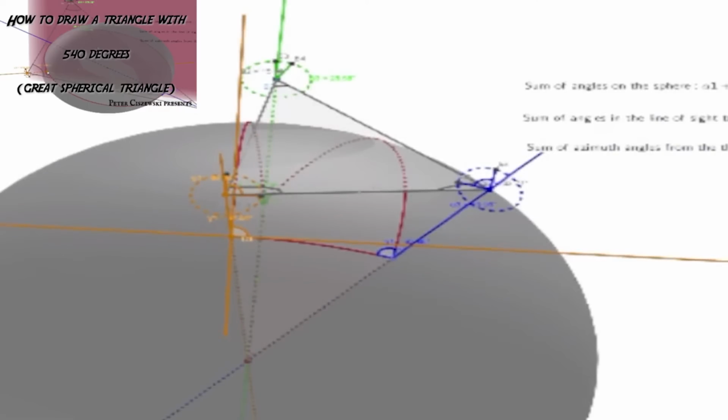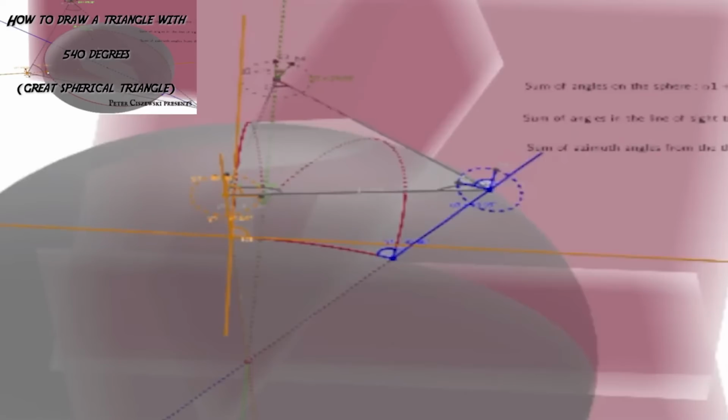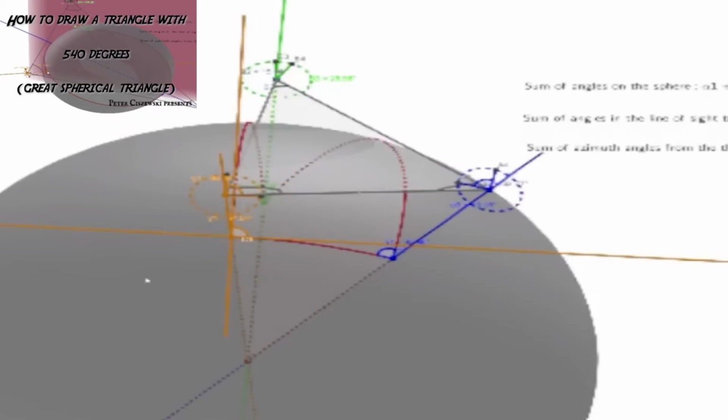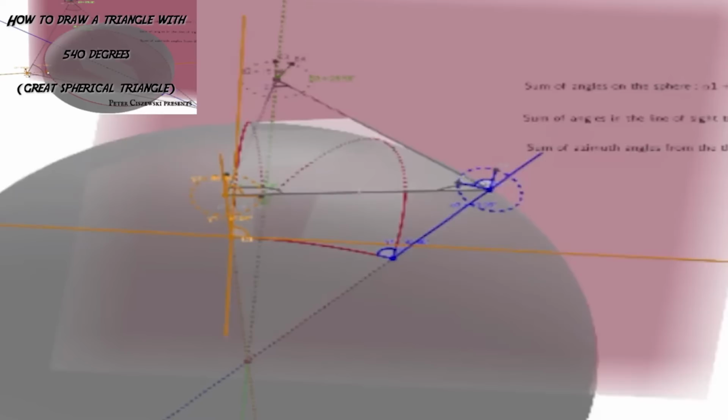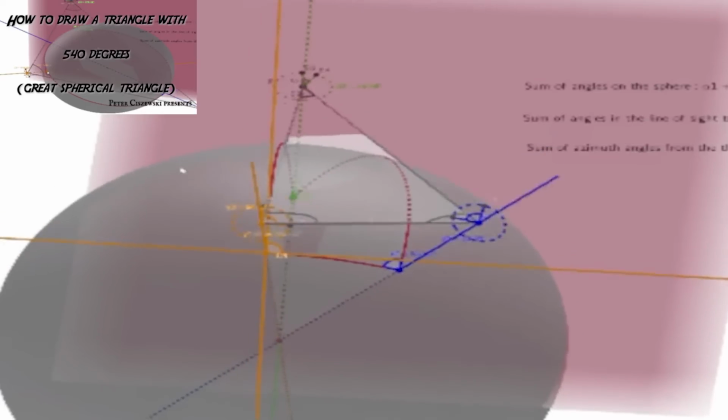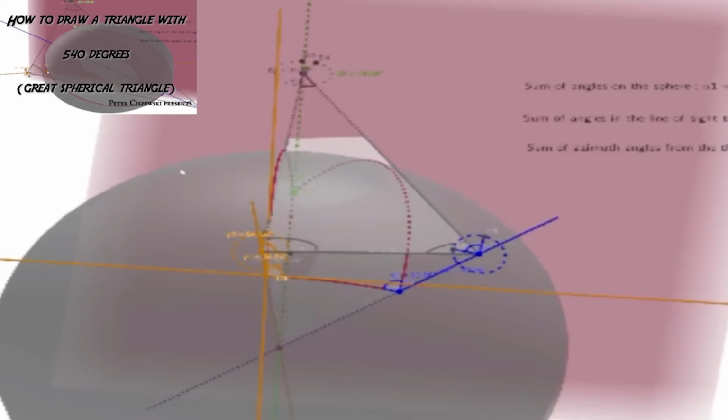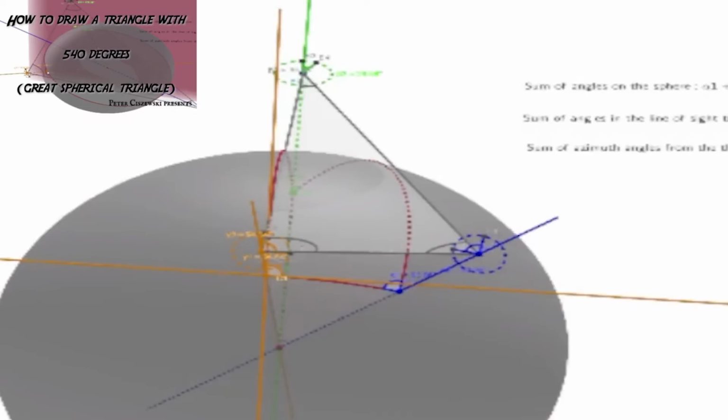All of these are great circles. Yeah, but when you make a 540 degree triangle, it is the great circle. And it's great because it's got 180 degrees more than an actual circle. And that's because it's actually a triangle.